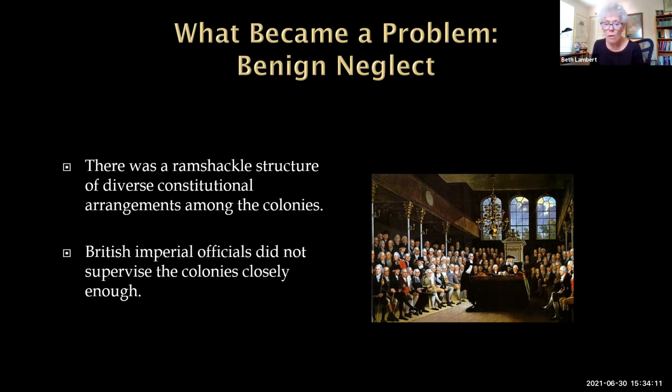So all these laws were different, and it really was this ramshackle arrangement with every colony. I mean, you've got Rhode Island with another set of rules and regulations, to say nothing about eventually Georgia, where you've got all these felons. So every colony was very different. And the British didn't pay that much attention. They didn't supervise the colonies enough.